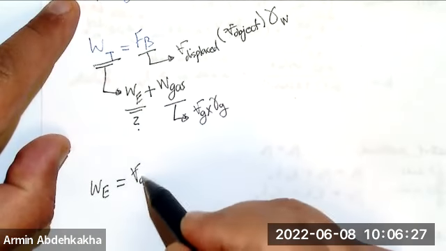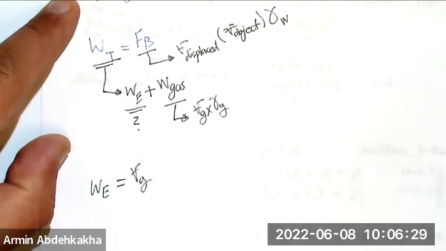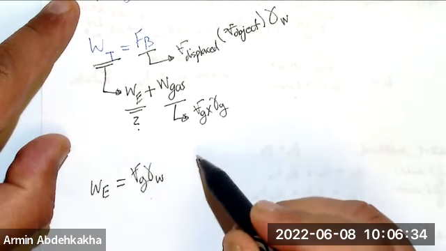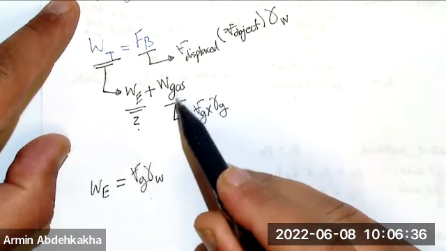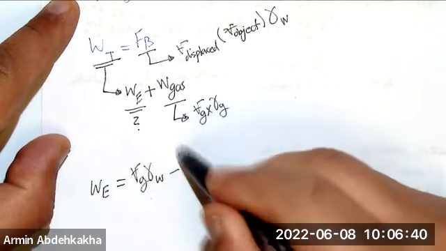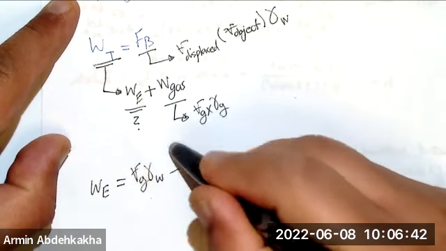This is V of the gasoline times the gamma of water. And bring the W of gas to the other side. So minus the V of the gasoline times the gamma of gasoline.